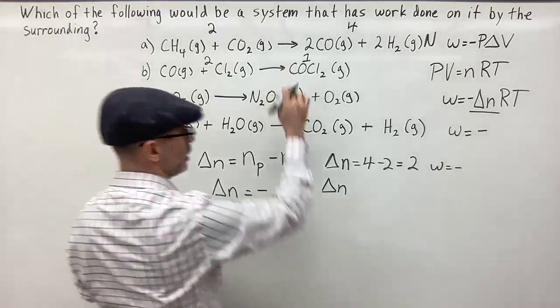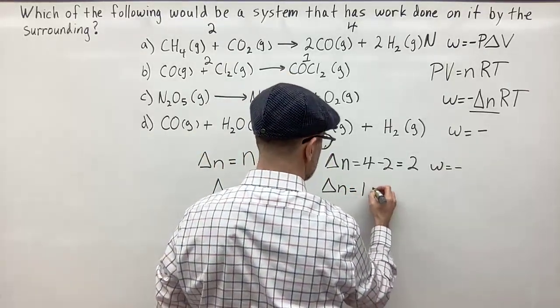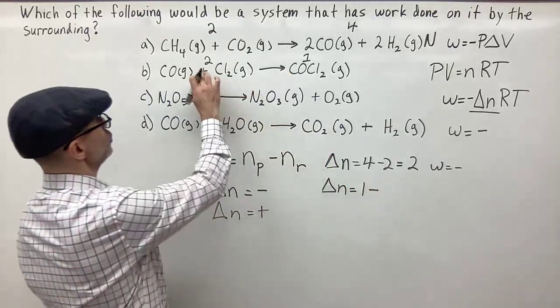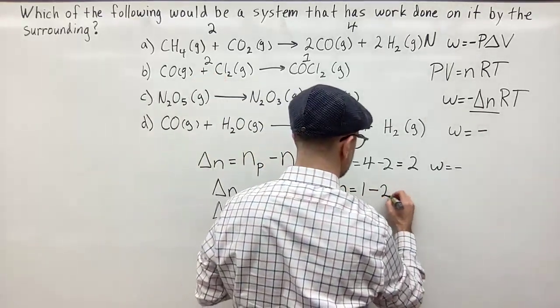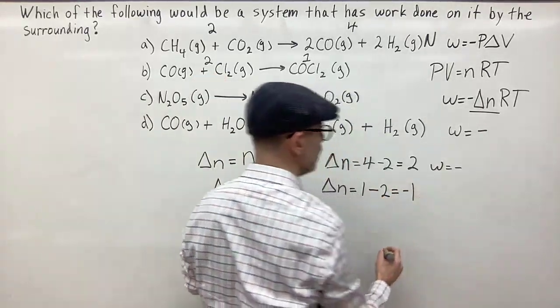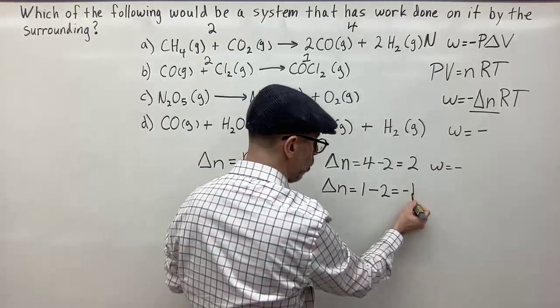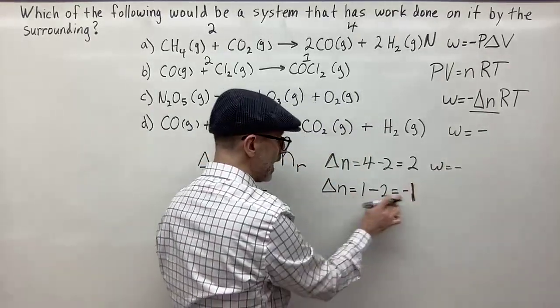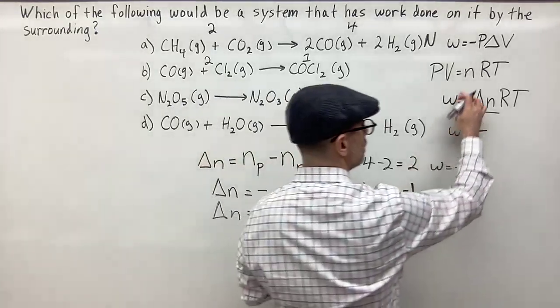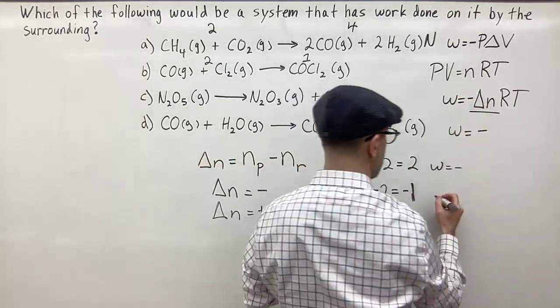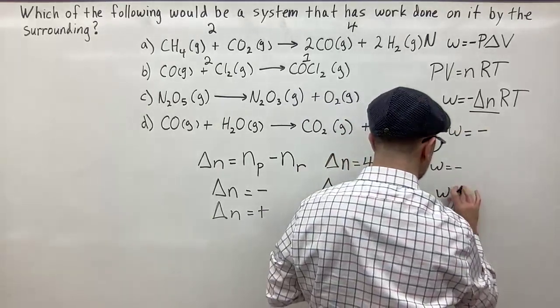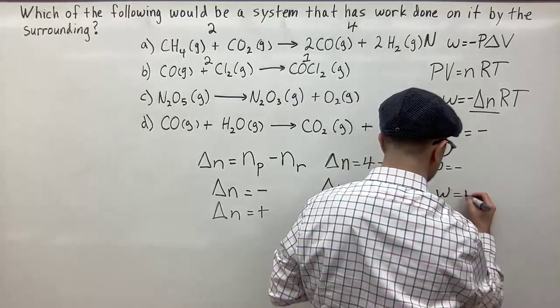So we have 1 for the products, and we subtract 2 for the reactants, and we get -1. So here, the change in moles is negative. We plug that into this equation here. Negative and negative becomes positive. So here, work is going to be positive.